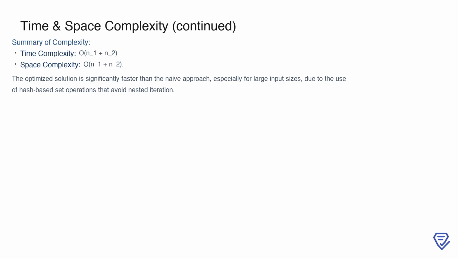By converting the input arrays into sets, we take advantage of the constant time average complexity of set operations, making the solution significantly faster than a naive approach. This makes the algorithm highly effective for large input sizes while maintaining a reasonable trade-off in memory usage. Overall, the optimized approach demonstrates the power of leveraging data structures like sets to simplify and accelerate computations in array manipulation problems.